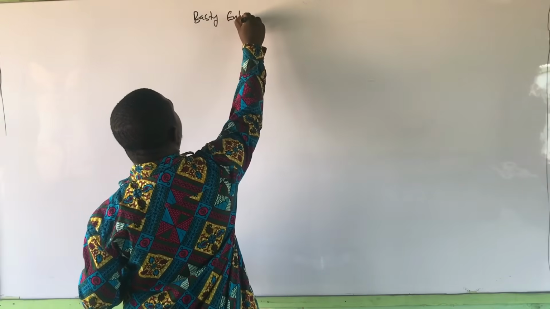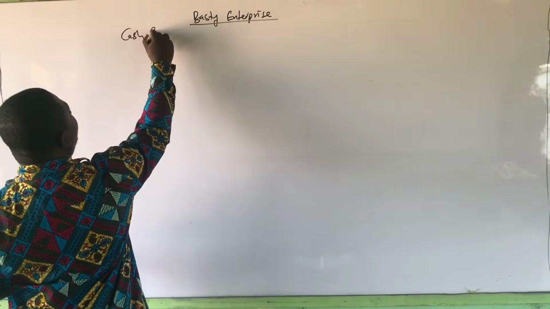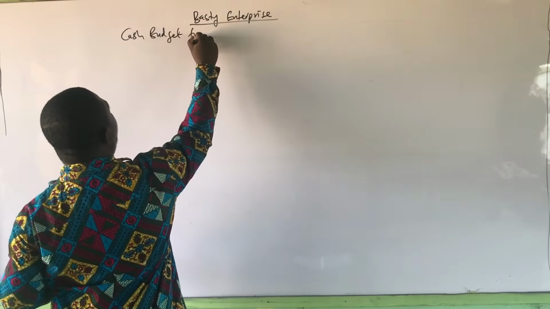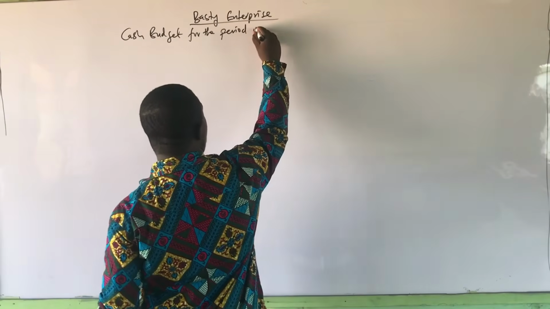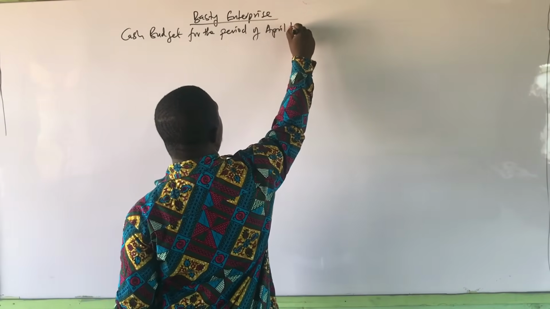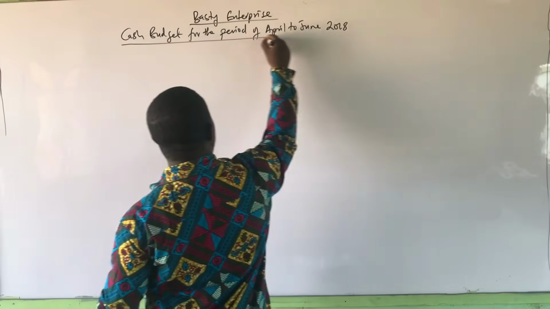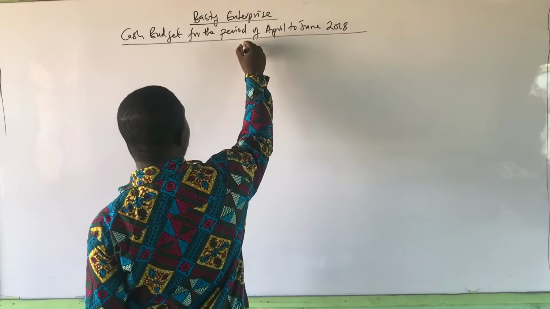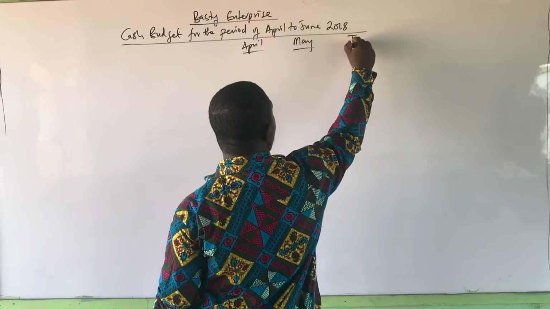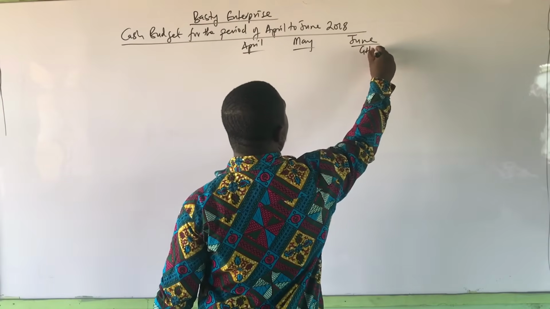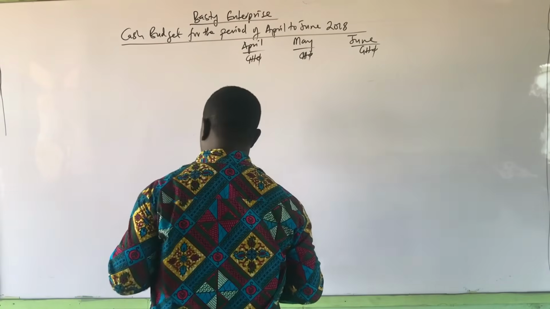Basti Enterprise, cash budget for the period of April to June 2018. So let's bring our months: April, May, and June. Put your currency signs where they are supposed to be, and then you are good to go.